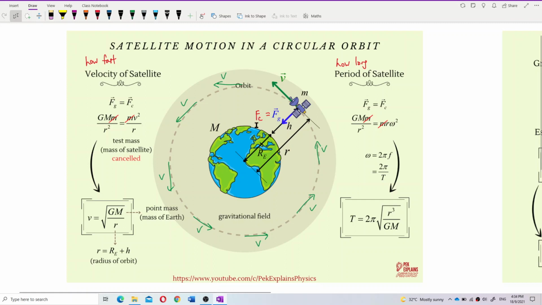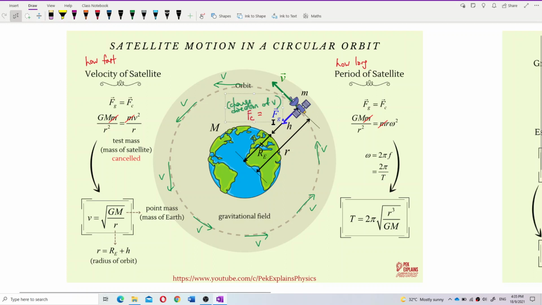So the centripetal force always helps to change the direction of the velocity. Understand?